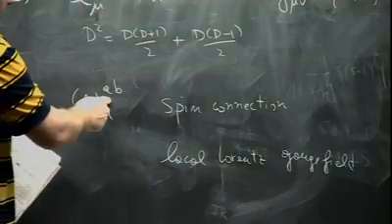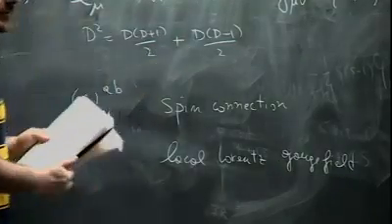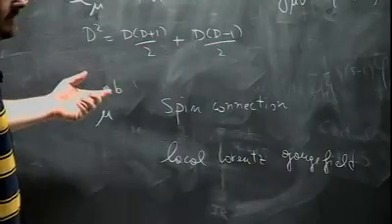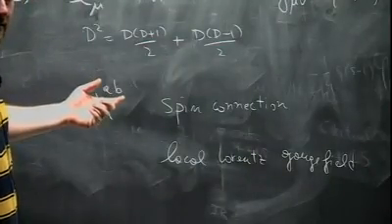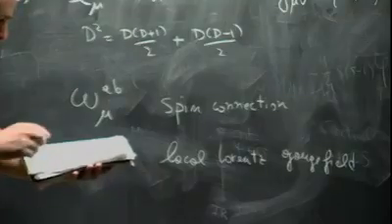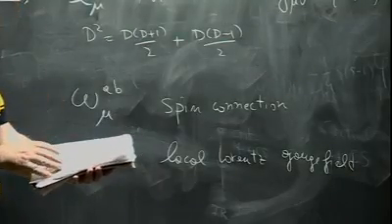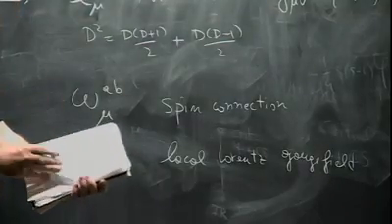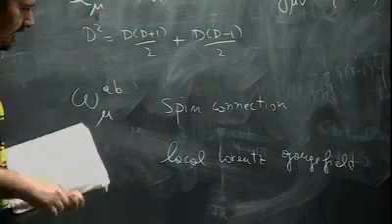So it has a number of components d(d-1)/2, which is the same number of gauge parameters that you have in the local Lorentz rotations, right? I assume that this is all familiar to most people, right? Okay.